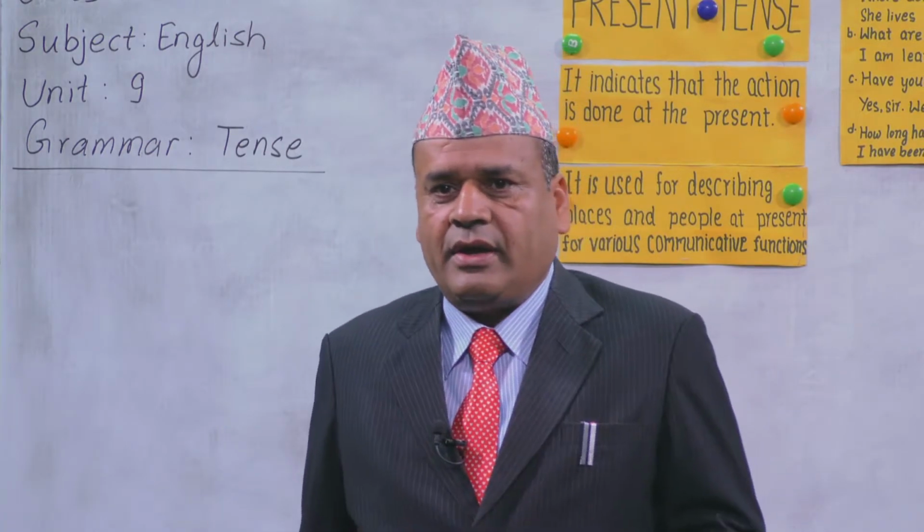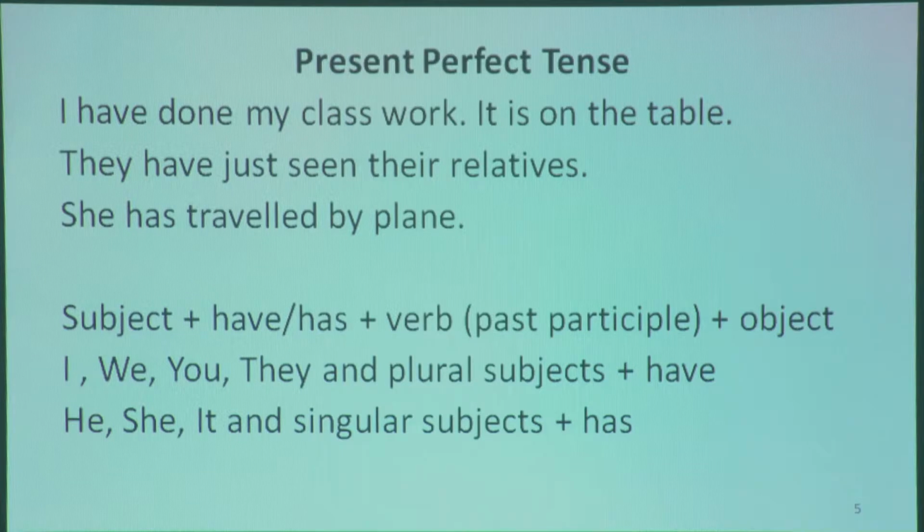Now, if you see this, you will be clear: subject plus has or have plus verb. The form of the verb is past participle, that is also known as third form of the verb, V3, okay, plus object. And which take has and which take have? Let's see. The subjects I, we, you, they, and all the other plural subjects take have.